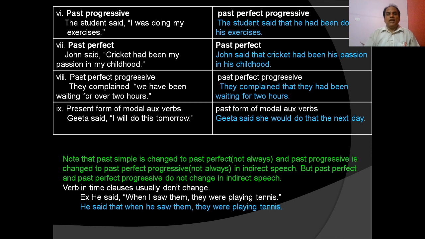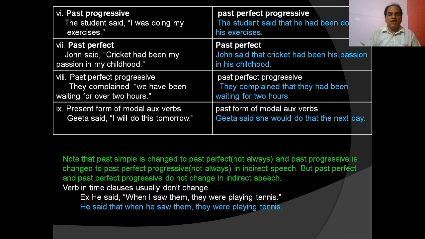Okay. Note that the past simple is changed to past perfect, though not always, and past progressive is changed to past perfect progressive, though not always, in indirect speech. But a past perfect and a past perfect progressive do not change in indirect speech. And you mark, verbs in time clauses usually do not change.